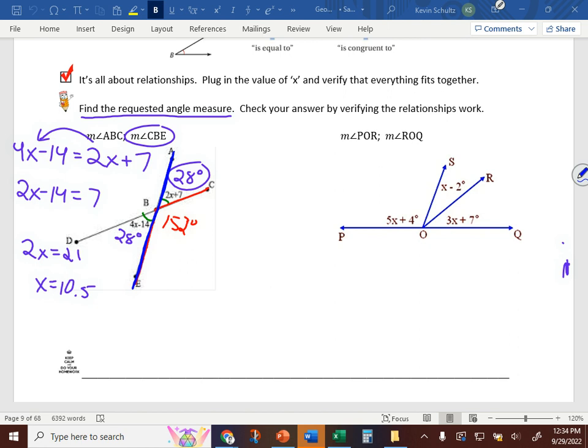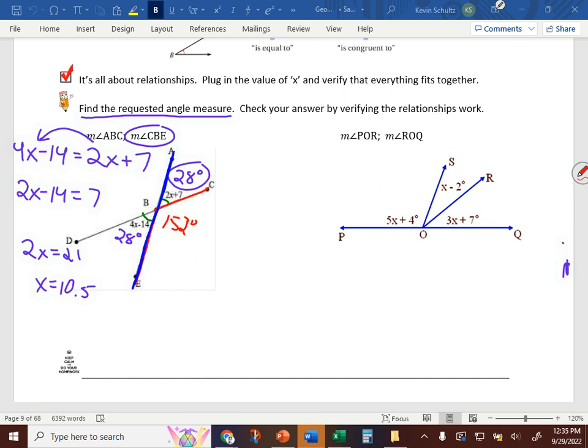Okay. Jack, walk us through the next one. You were all over this one. So you want to do 5x plus 4 plus x minus 2 plus x plus 7, and that equals 180 degrees. Now, do those three angles make a linear pair?